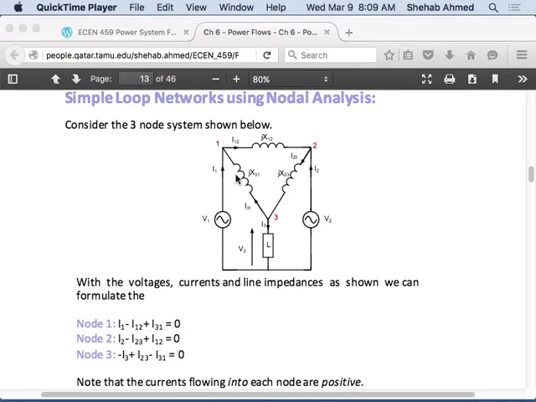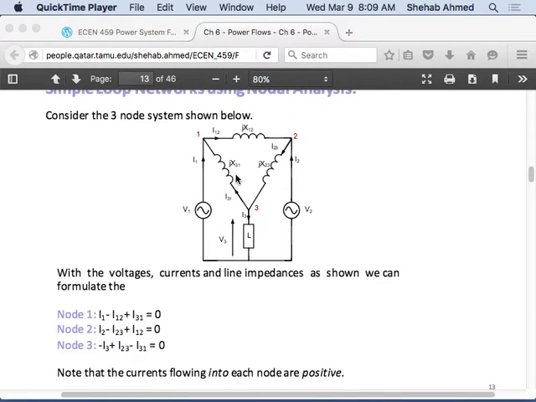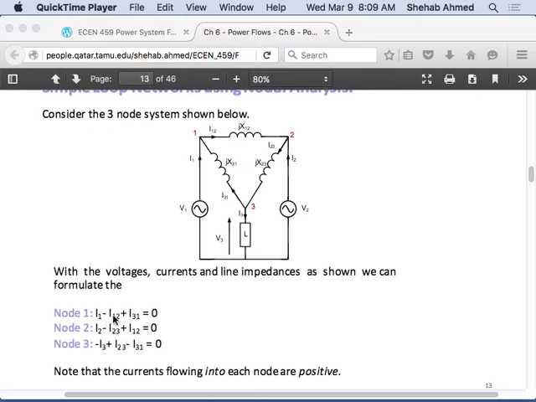So what we do, and I showed the effect of that in the matrix, is we came up with the matrix that defines this circuit. We did Kirchhoff's current law at the different nodes. At node 1, I1 is coming in, I12 is going out, I31 is coming in.